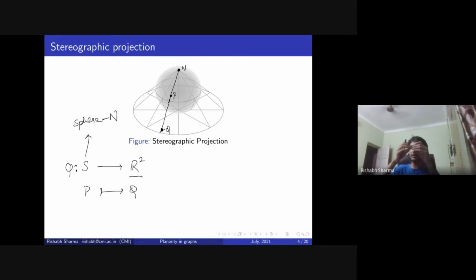You're just expanding the hole to lay it out on the plane. You can also see that this process of laying down the sphere is reversible. You can take the plane and wrap it onto the sphere with a puncture at the top. Is the picture clear to everybody? Yes. Okay.